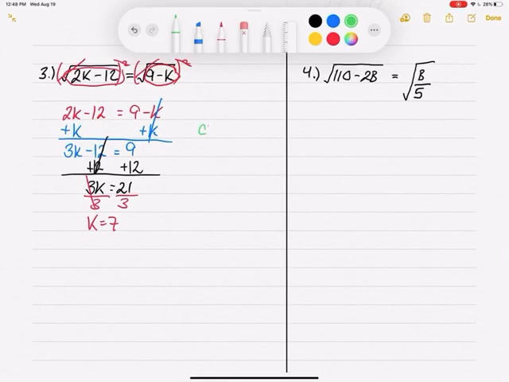Before I commit to anything, I am going to check. So I have the square root of 2 times 7 minus 12 should be equal to the square root of 9 minus 7.